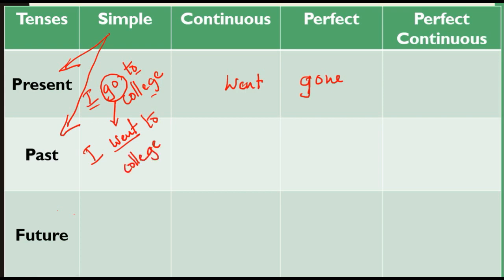Now how do I convert this to simple future tense? You need to understand one thing first of all. Future tense sentences cannot survive without the word will or shall. Without either of these words, you will not be able to frame any future tense sentences at all.